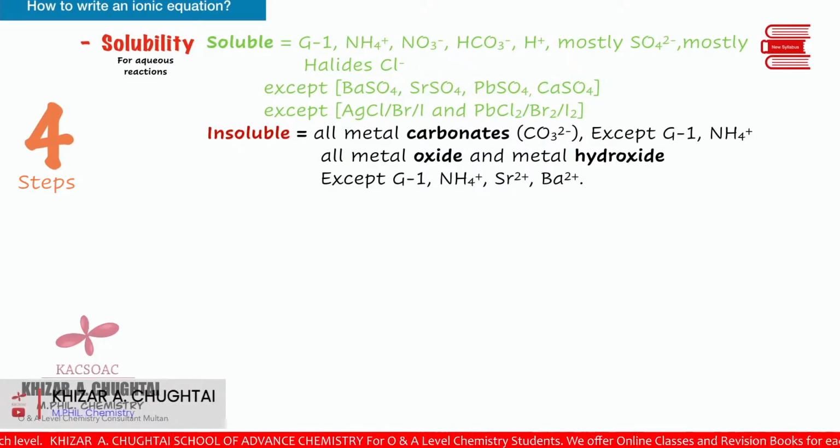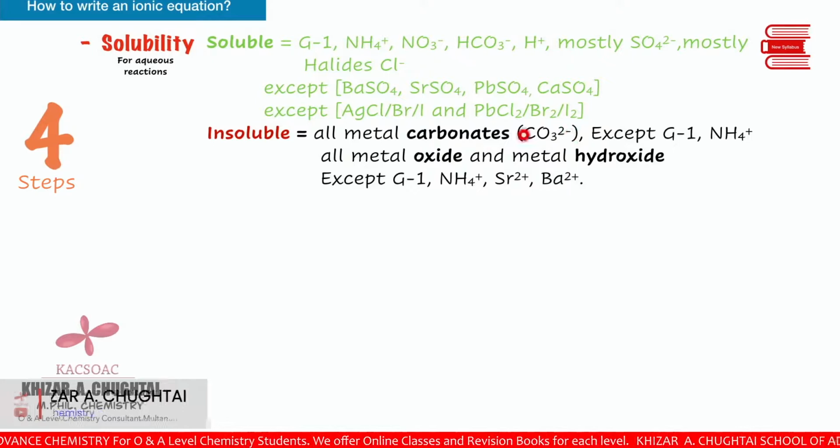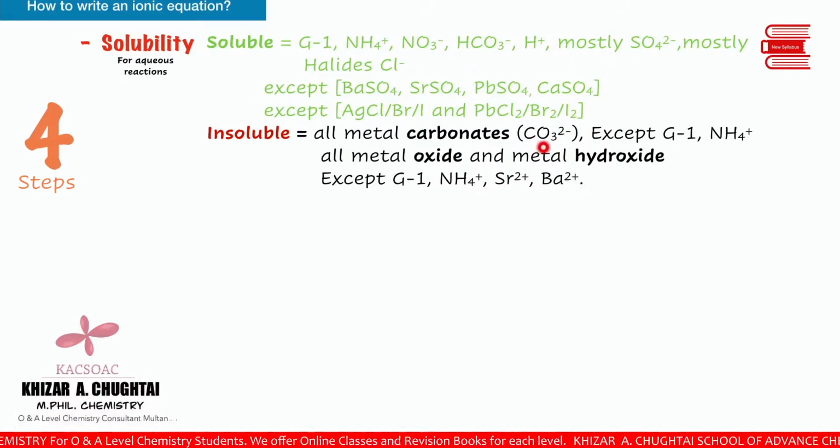Now come towards the insoluble. All metal carbonates: if the carbonate, CO3 2 negative ion, is in combination with a metal, then all metal carbonates are insoluble except group 1, or in case of ammonium ion, that is not a metal.